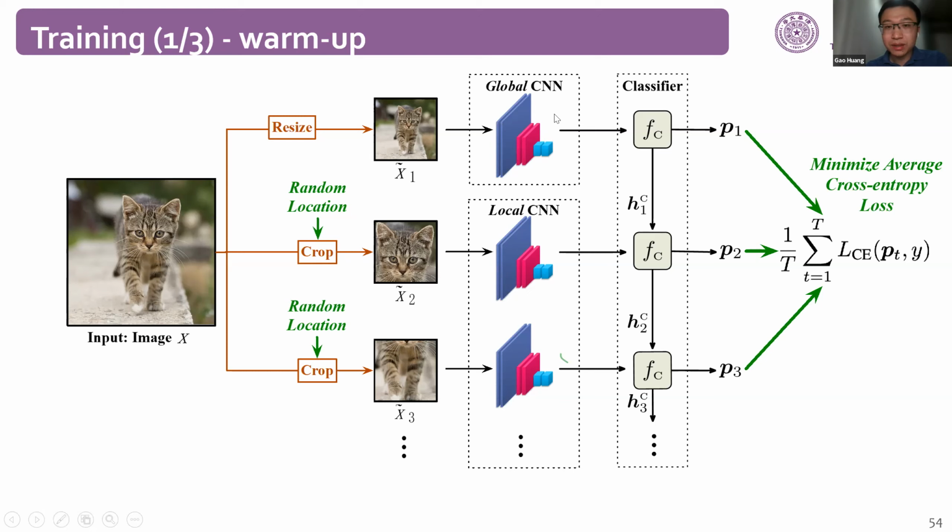One note here is that for the backbone, we can use any off-the-shelf convolutional networks, for example MobileNets, EfficientNets, anyone that is your favorite. We can use these pre-trained models and fine-tune them by minimizing the cross entropy loss, where the local patches are just randomly cropped from the input. So this is the warm-up stage.